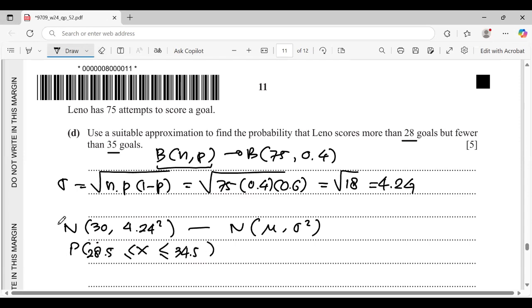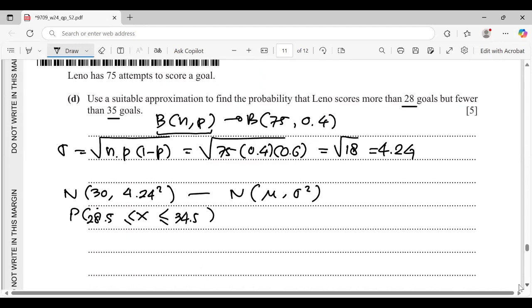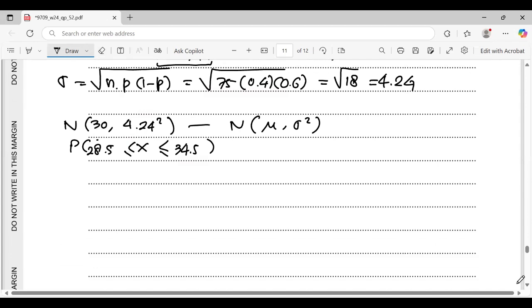We're going to find this probability. The first step, we need to standardize the normal distribution. To standardize, we use this formula: z equals x minus mu over the standard deviation.